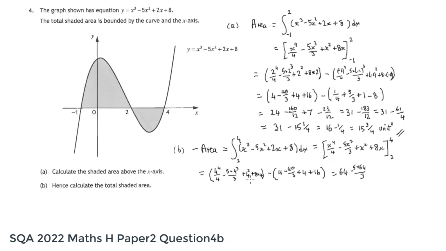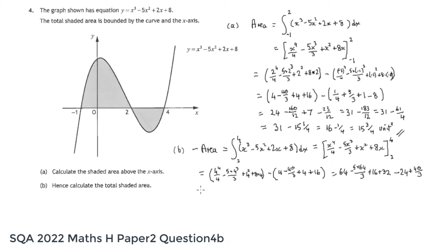Plus 16 plus 32. And then we have to subtract this second bracket. We've got a 4 plus 4 is 8, plus 16 is 24. We're subtracting that. And then the fraction, we're subtracting negative 40 thirds, so that's adding 40 thirds.